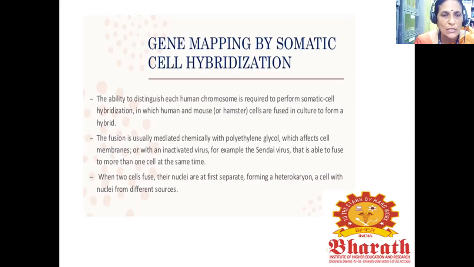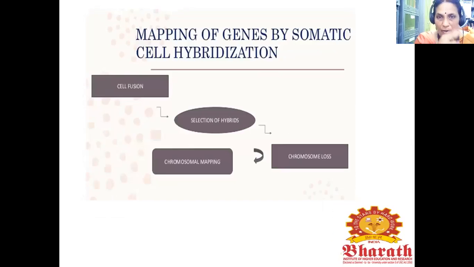The fusion is mediated chemically with polyethylene glycol or with an inactivated virus such as the Sendai virus, which can fuse more than one cell at the same time. When the two cells fuse, their nuclei are at first separate, forming a heterokaryon.